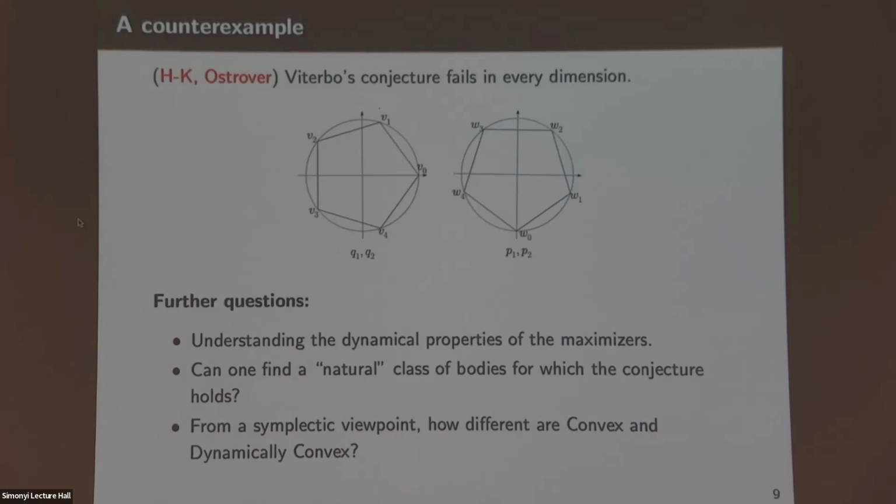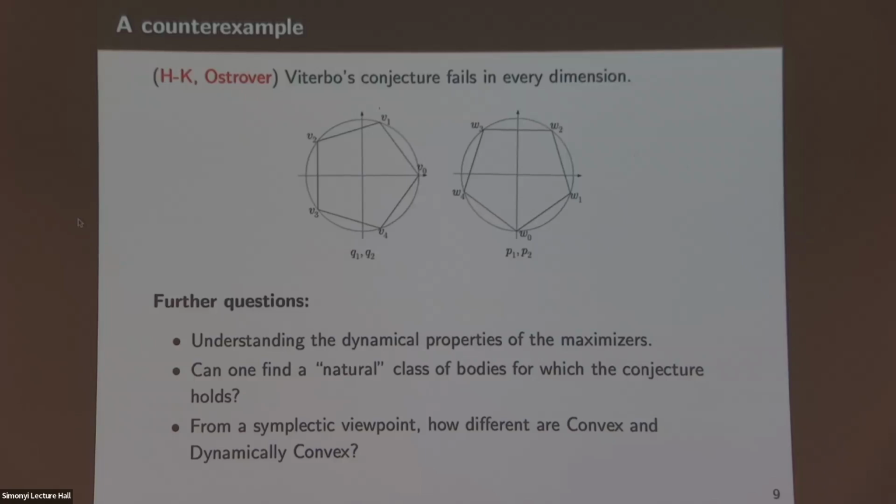Again, due to the amount of evidence in favor of the conjecture, one would expect that there should be some natural subclass of convex domains for which the conjecture still holds. For instance, if it still holds for centrally symmetric domains, it would still imply the Mahler conjecture. So it's of great interest.